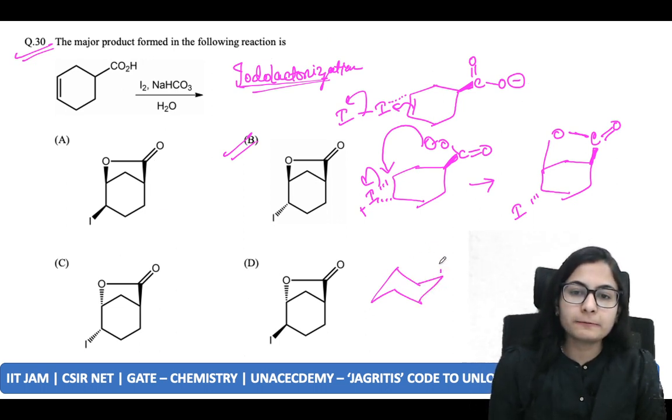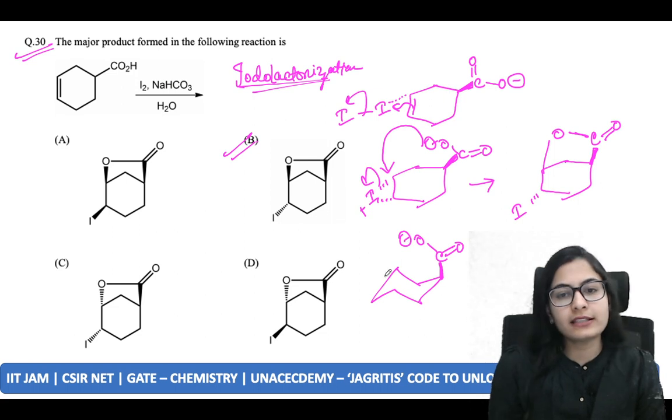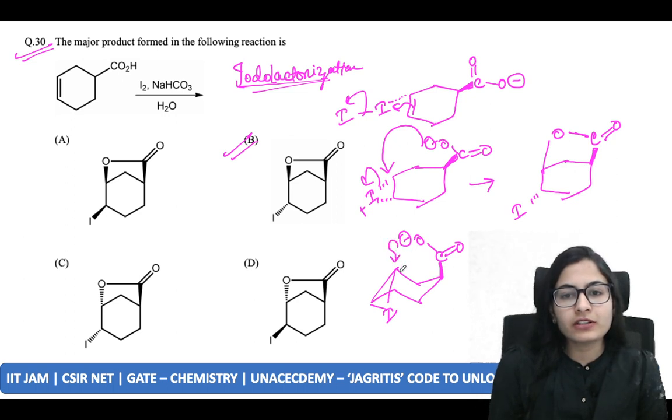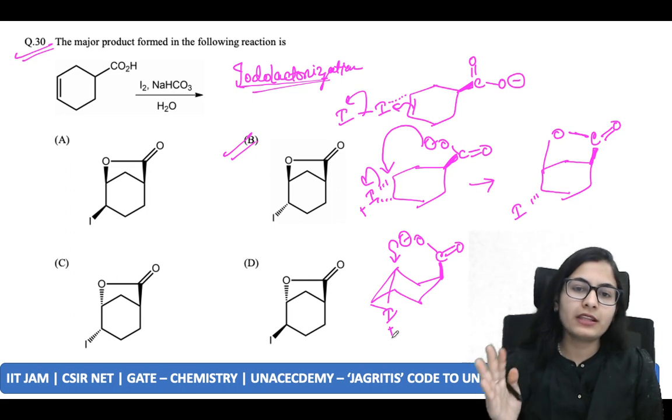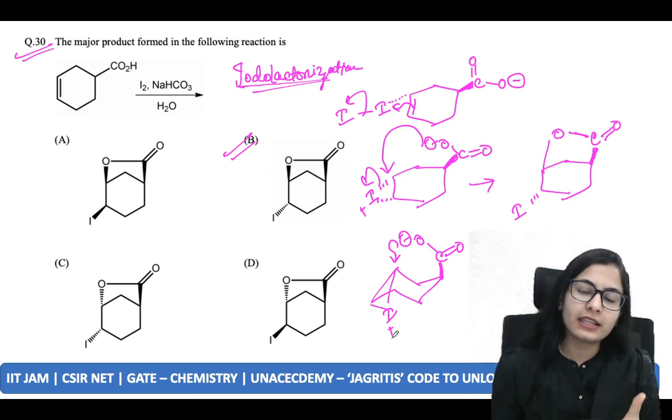So let's say you are having the carboxylic acid group on the axial position like this, and let's say you have the iodonium ion formed below. If it is formed below, the iodonium ion or bromonium ion or epoxide, everything is going to be attacked in such a manner that they give the 1,2 diaxial product.